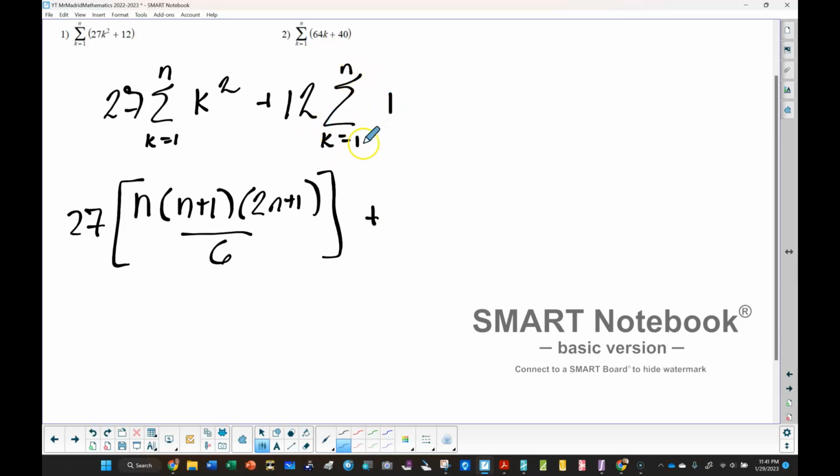So here we have 12 times n. C was 1. Some of you are thinking, why did I factor out the 12? I didn't have to, but I figured it'd be a good habit to get into, so we can focus more on this part of the function. The constant we can kind of kick out.